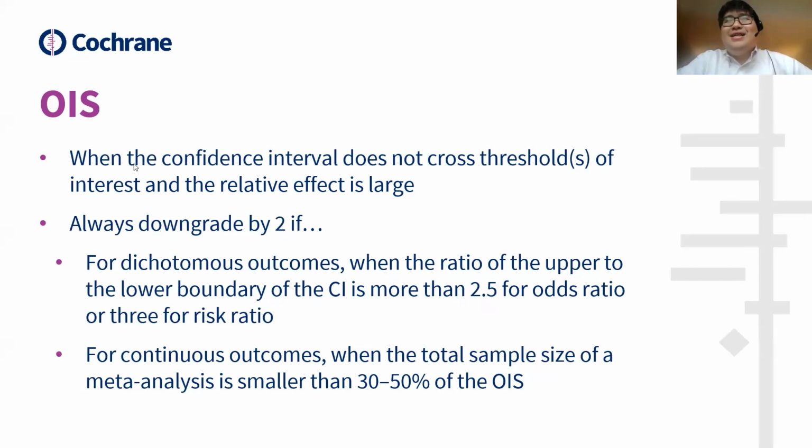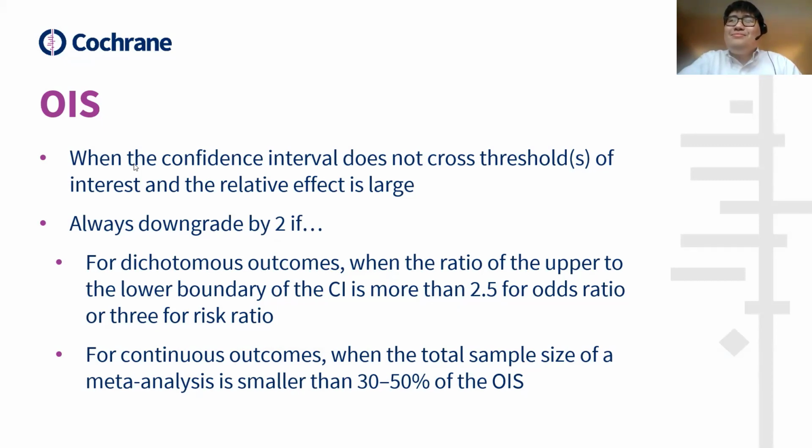I guess imprecision is one of those things. It's difficult because you think there should be quite objective decisions made with imprecision because it's one of the more quantitative GRADE domains, let's say, compared to risk of bias or something.